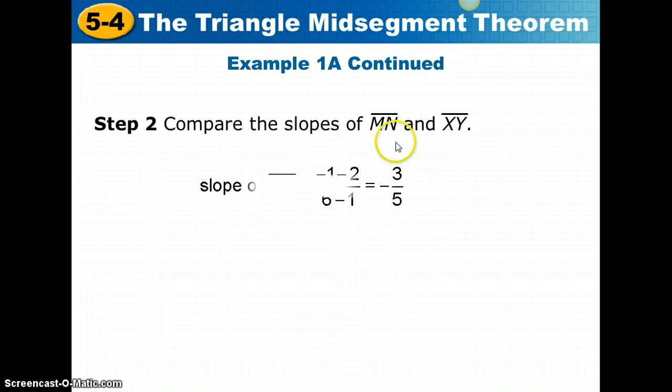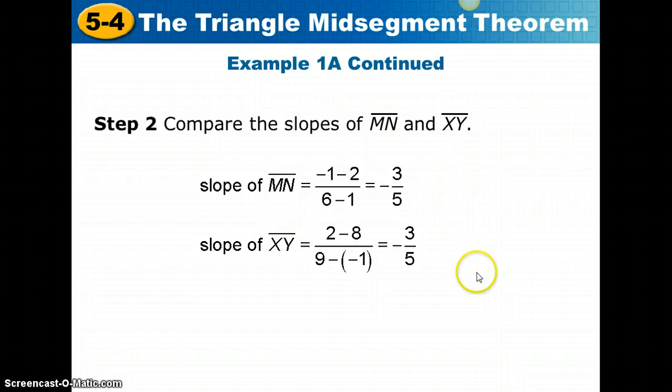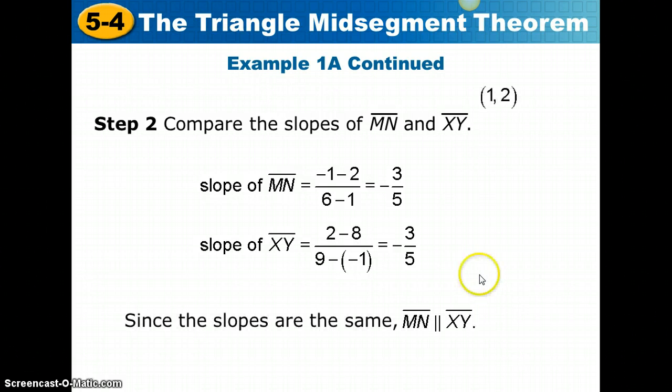So let's compare the slopes of MN and XY. You'll see here, M has the coordinates (1, 2), and N has the coordinates (6, -1). So if I do -1 minus 2 for the y coordinates, I get -3. And I do 6 minus 1 for the x coordinates, I get 5.